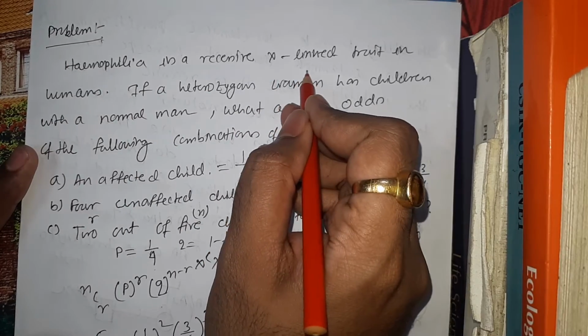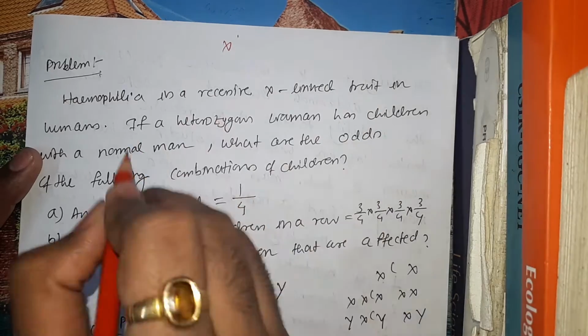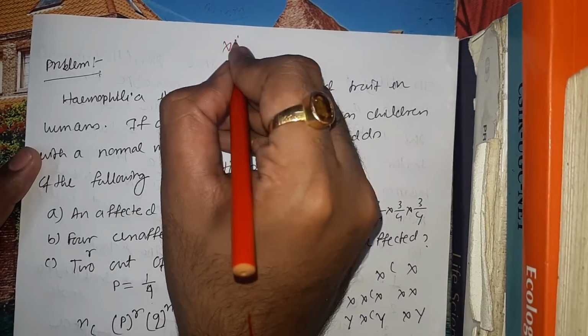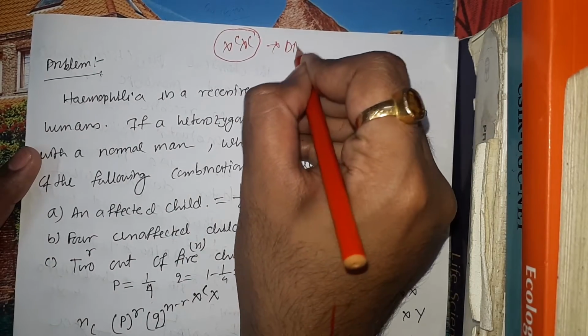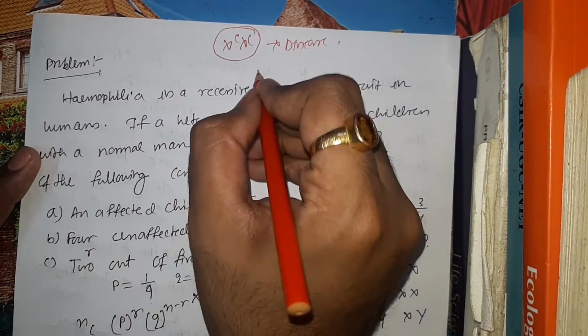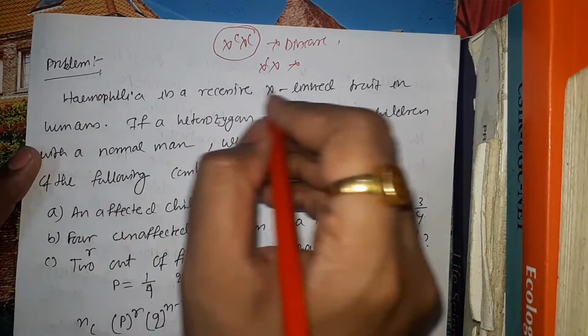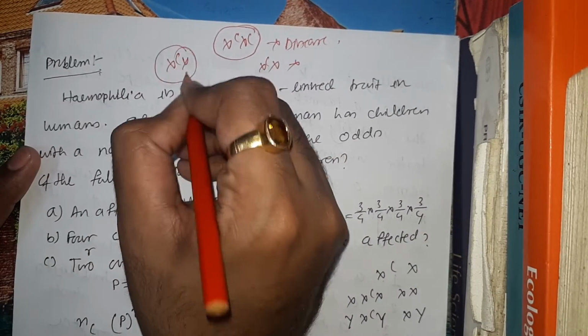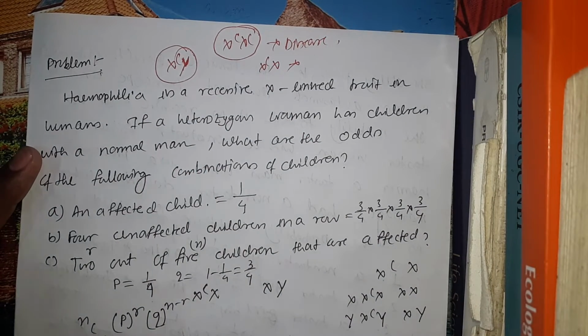Hemophilia is a recessive X-linked trait. As I have previously told you, in a recessive X-linked trait, only females who are homozygous will have the ability to show the disease, and in that case we will have carriers too. In males it will show the disease. It is fixed in both dominant and recessive types.